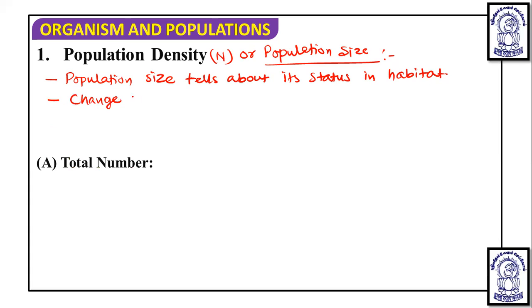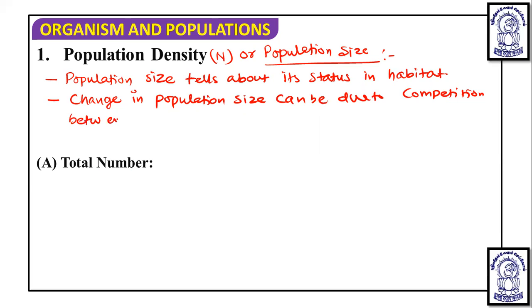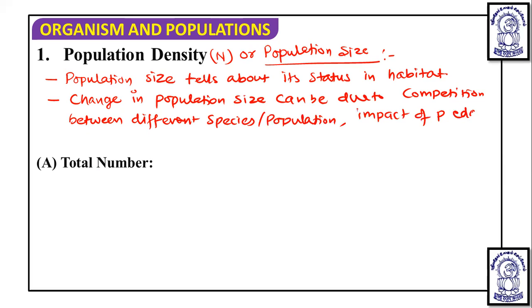So let's note down: change in population size can be due to competition between members of different species or population, then impact of predator, or effect of pesticide application.